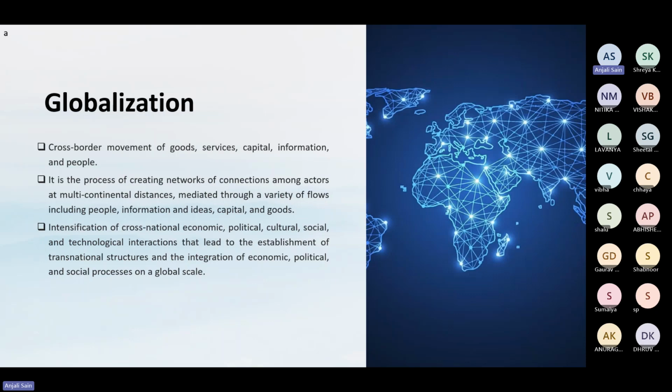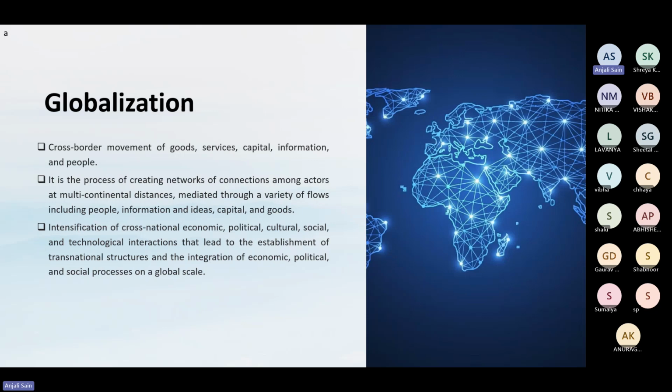Okay. Then, intensification of cross-national economic, political, cultural, social, and technological interaction that leads to the establishment of transnational structures and the integration of economic, political, and social processes on a global scale. In this case, what I am exchanging are economic, political, cultural, social and technological things. Globalization indicates the interactions between economic, political, cultural, social and technological things. What does this lead to? This leads to the establishment of transnational structures.